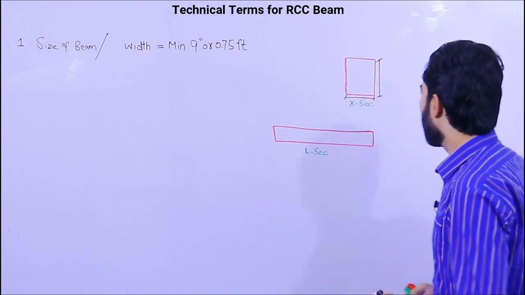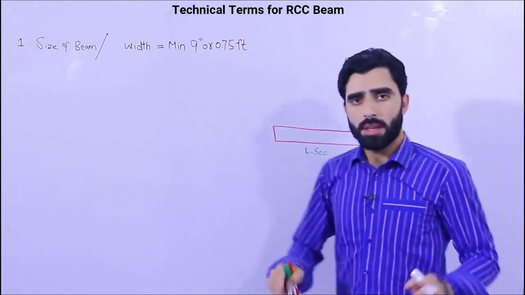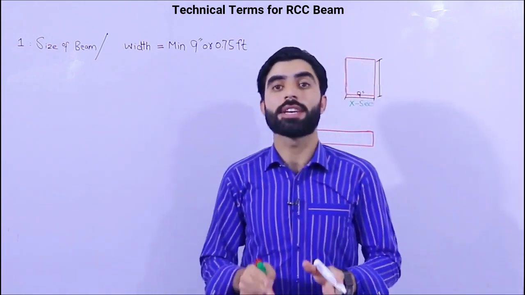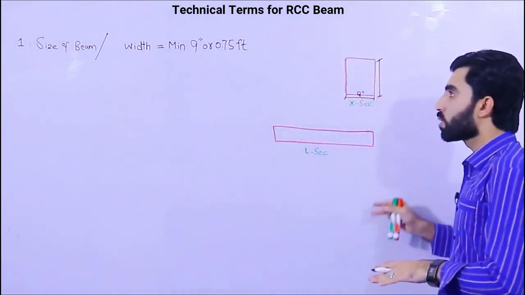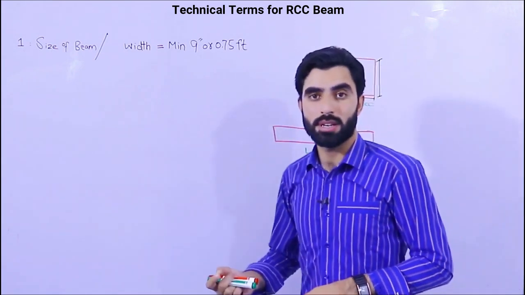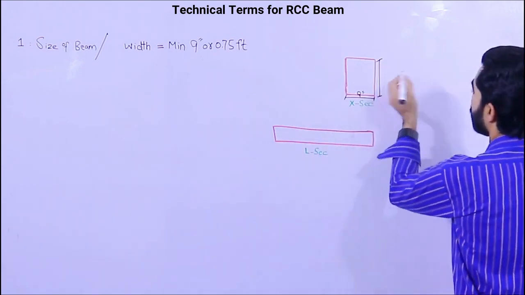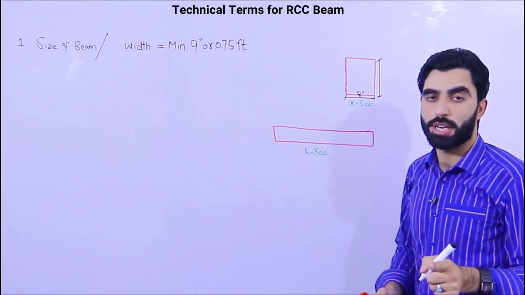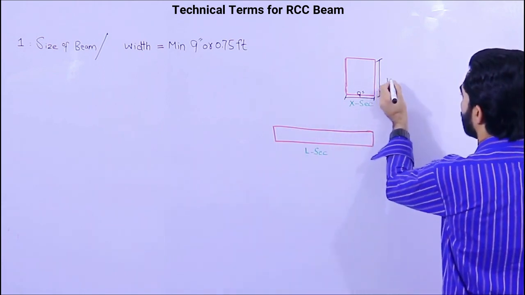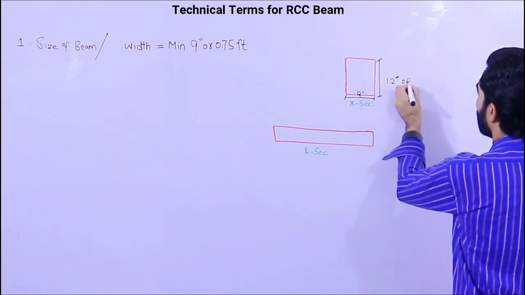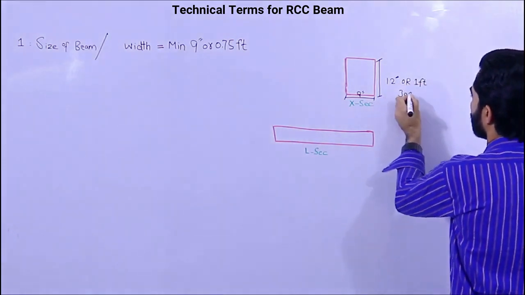Now guys, let's discuss its depth. Remember, the depth of the beam should not be less than its width. The depth of the beam should not be less than its width. These are the rules in IS, ACI, etc. So the depth of the beam for a normal residential building, ground plus first floor, should not be less than 12 inches, or 1 foot, or in centimeters 30 centimeters.